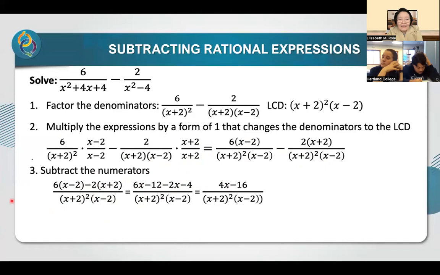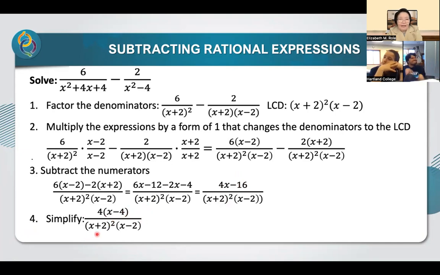And then finally, you need to have completely factored form. Common with 4x minus 16 is 4, and therefore you now have 4 times x minus 4 over x plus 2 squared times x minus 2. You can put that as x plus 2 times x plus 2, but it's better to write it as x plus 2 quantity squared.